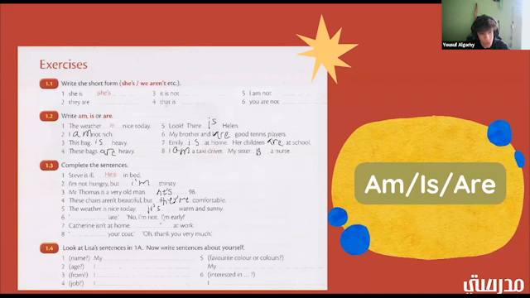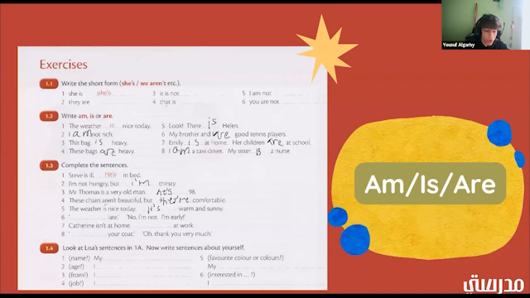Okay. 6, blank, late. No, I'm not. I'm early. So they're talking to a person. So this one would be, you're late. All right. And then it would say, no, I'm not. I'm early.